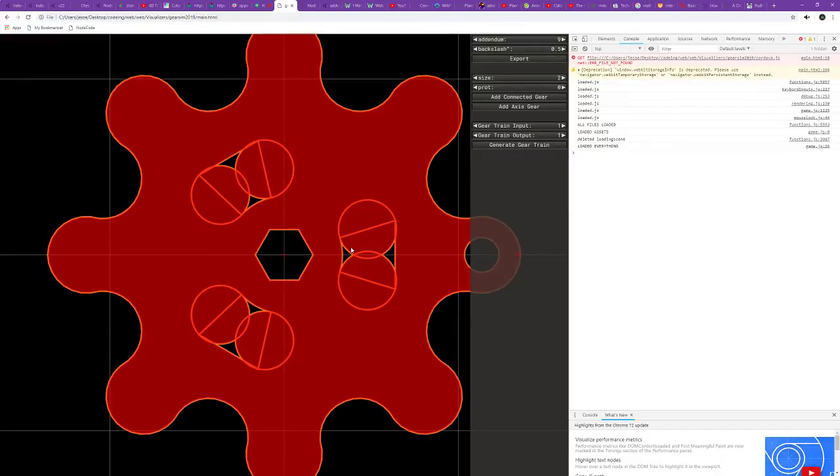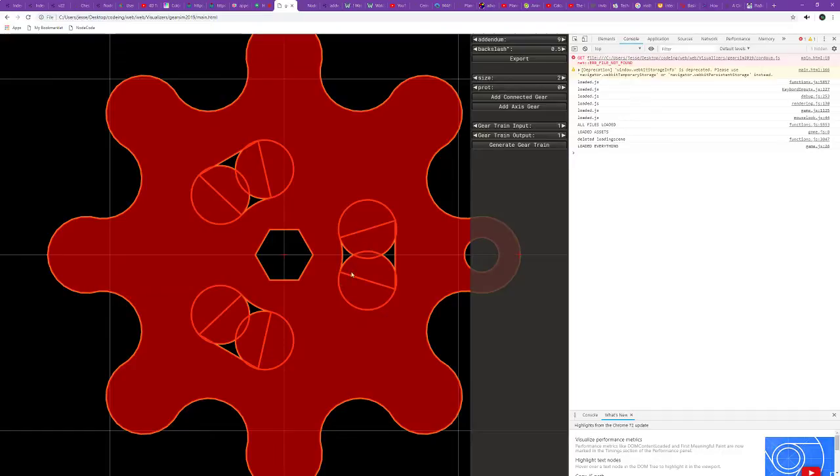Wait, these are all 5s, aren't they? So if that's diameter of 5, distance of 5, diameter of 5, would a full circle fit in there? That'd be 5.5 to 5.5. Whatever.